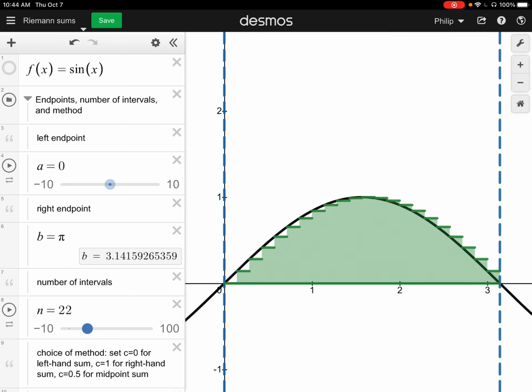But in the process, we're able to include more and more rectangles, so we're able to fit more rectangles underneath the curve. So we're seeing that we're getting a better and better approximation as we increase the number of our partitions.